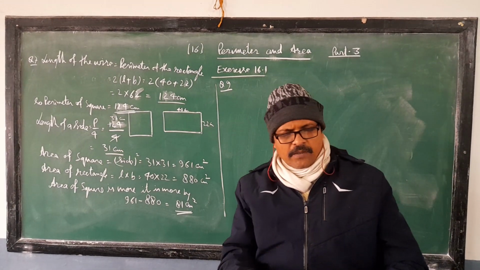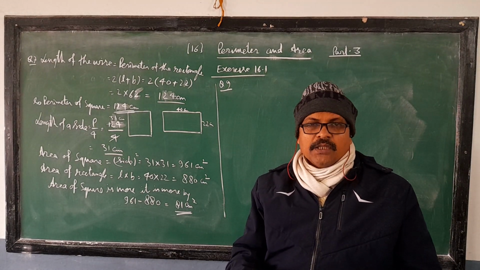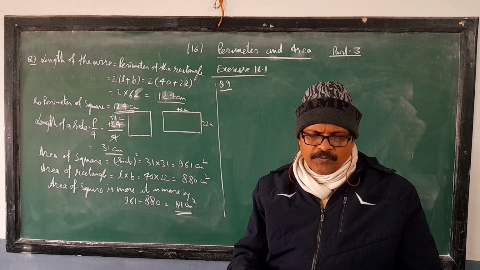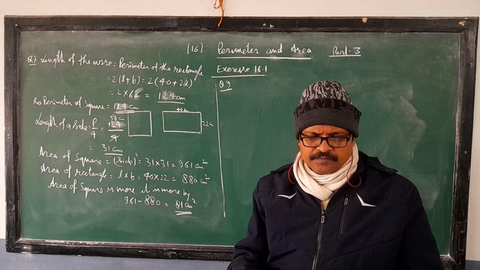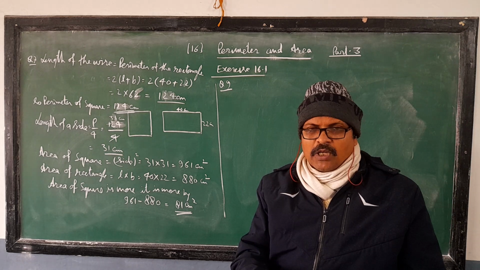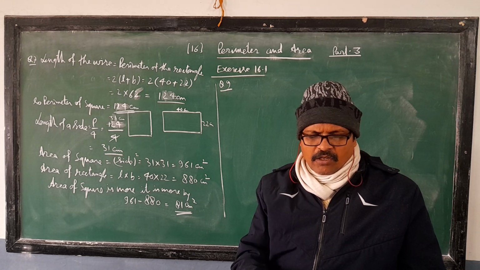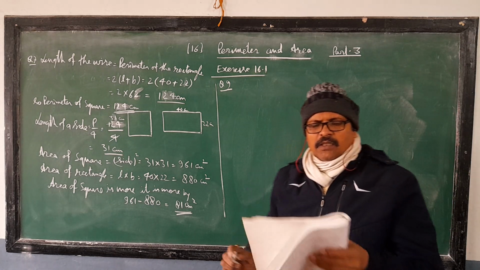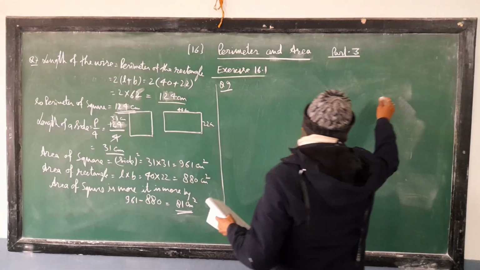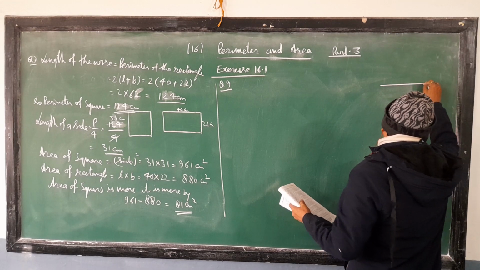See question number 9. A rectangular park is 45 meter long and 30 meter wide. A path 2.5 meter wide is constructed outside the park. Find the area of the path. There is a rectangular park.